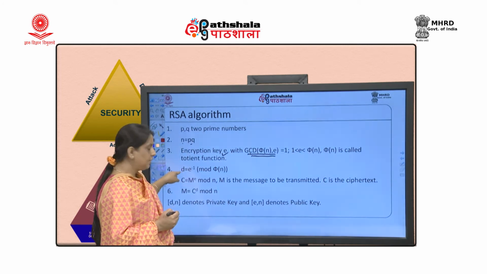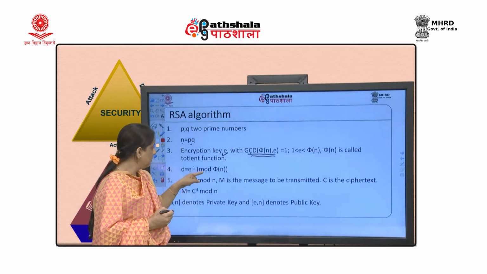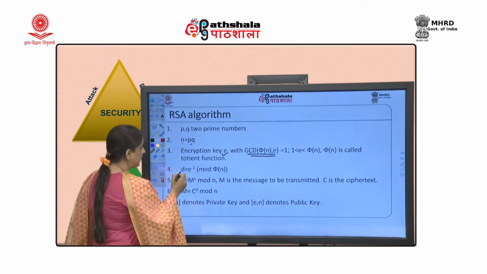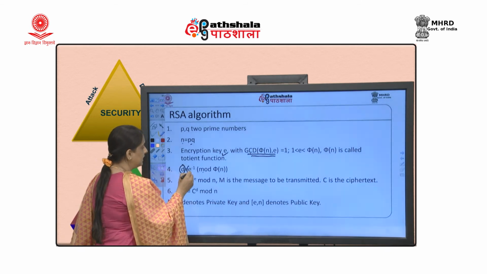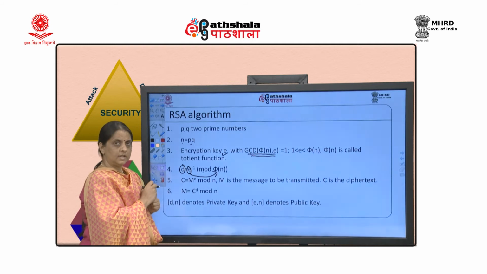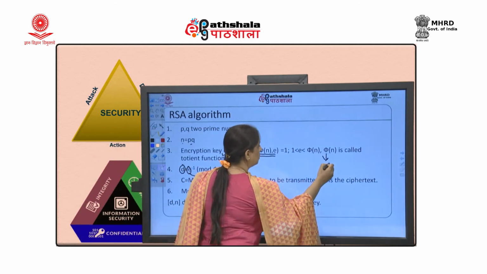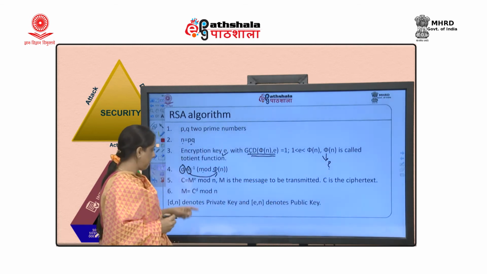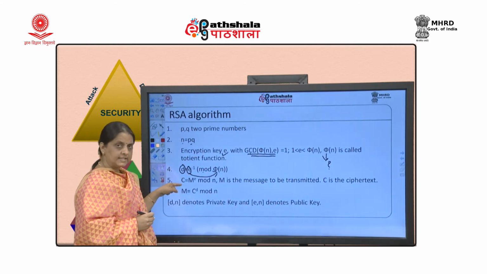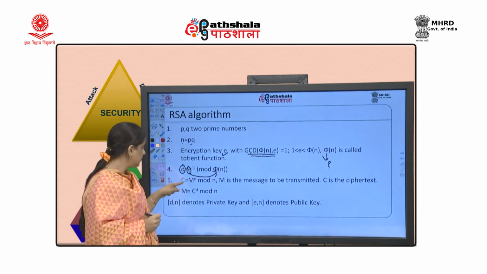If you want to calculate the decryption key, it is nothing but the inverse of E mod phi n. So for calculating the decryption and encryption keys, who plays the role? Phi n. The question I have left unanswered is how to compute phi n. I am explaining phi n in a minute.